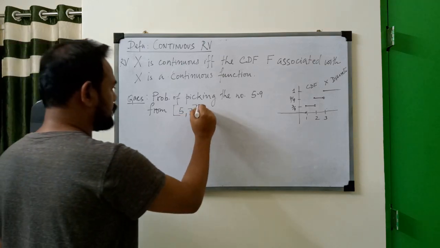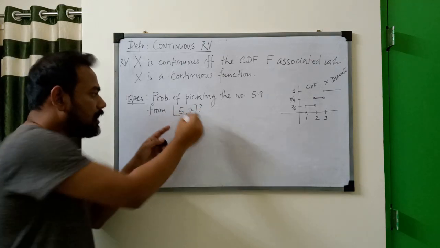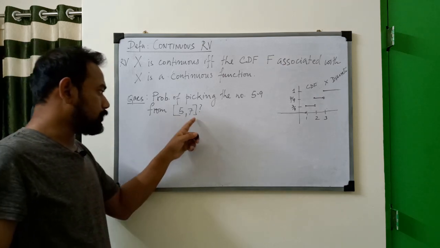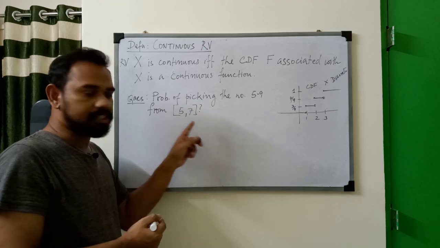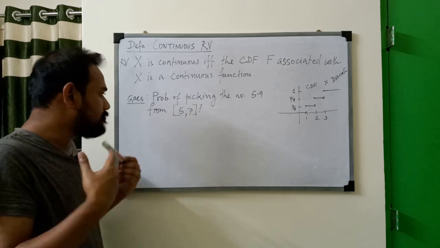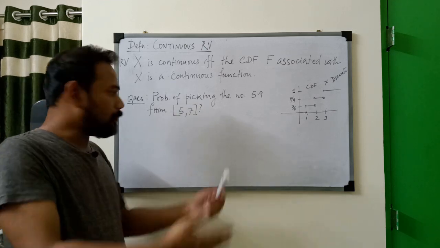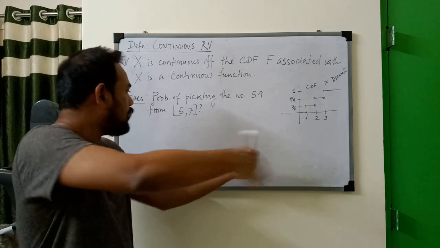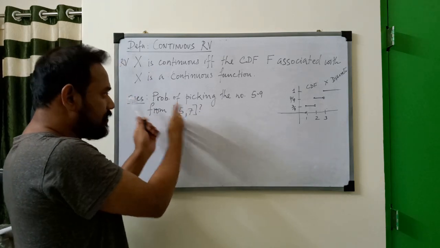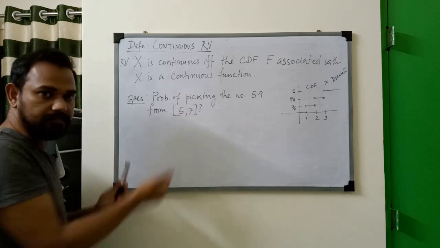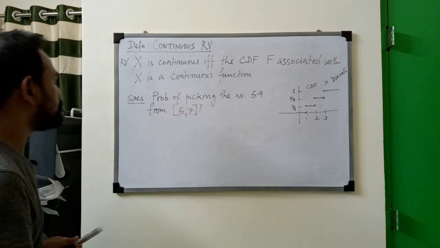This is a closed interval, with box brackets, which means that it includes 5 and 7 and all real numbers in between. So 5.1, 5.2, 5.1381, 6.7892, all real numbers between 5 and 7, including 5 and 7, are in this closed interval.